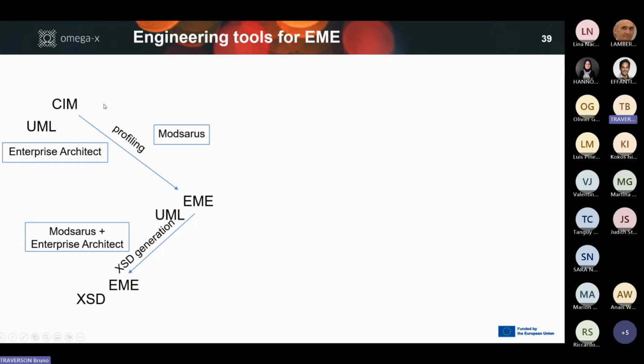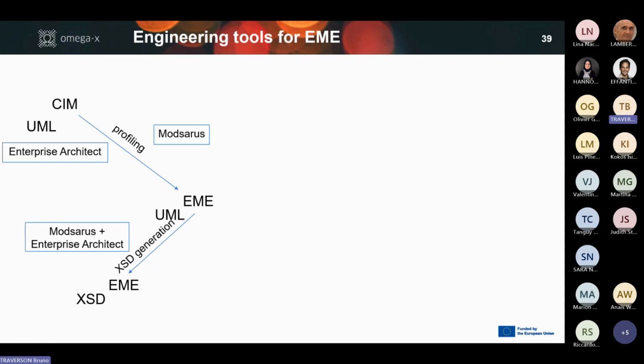In fact, in IEC, there is a profiling process that enables us to take the SIM classes and to derive some specific context classes that we will use in, for instance, EUMED metering. This process is supported by two different tools, Enterprise Architect for the UML part and Mozzarella for the profiling process.